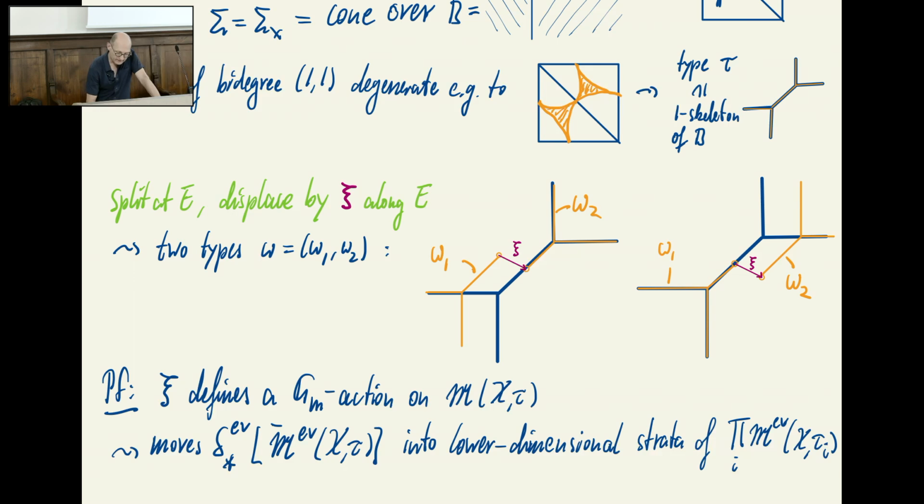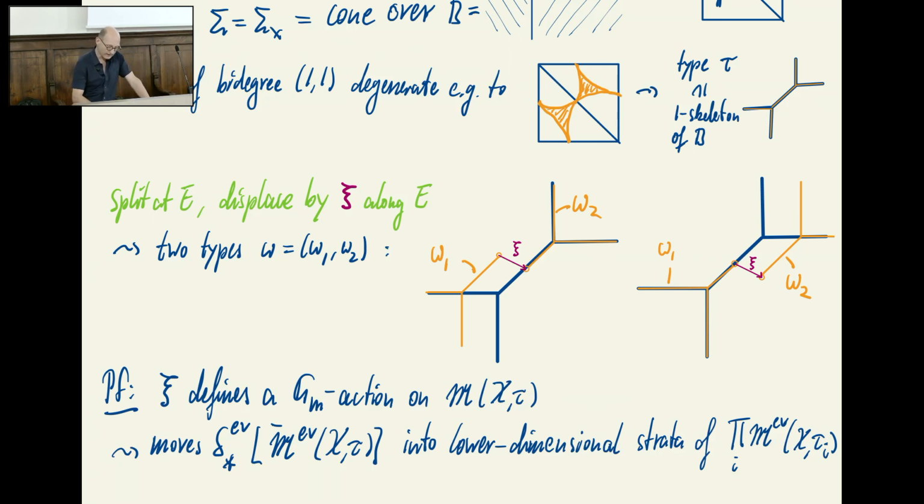And then you look at the displaced matching problem. So you want to look at types of tropical curves, omega 1, omega 2, that match up to this displacement by psi at the splitting edge. Okay, so this gives this type, and the other one that has the correct dimension looks like this. So there are only 2 types that you can do.